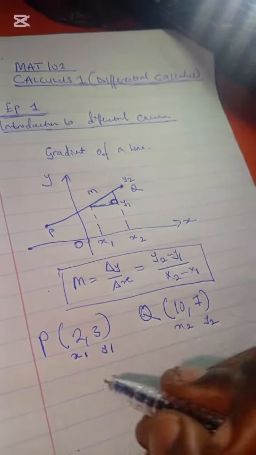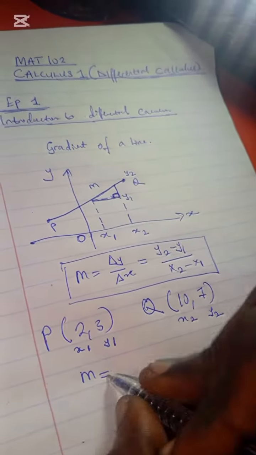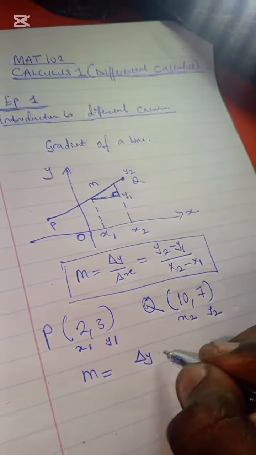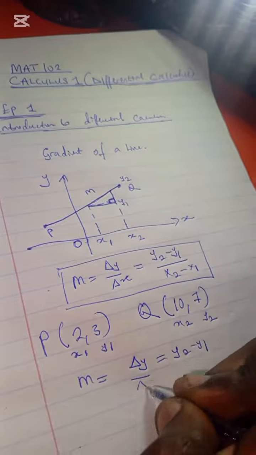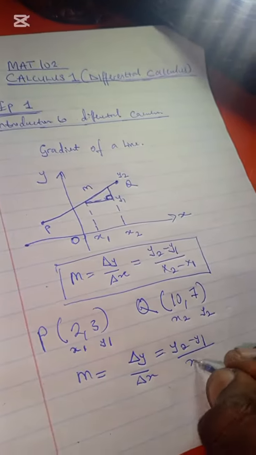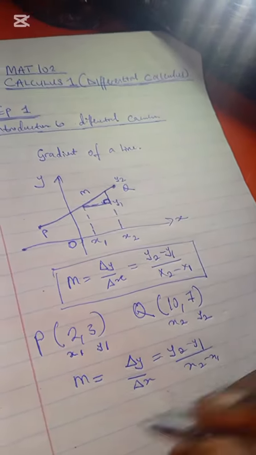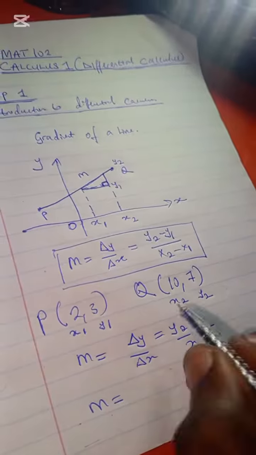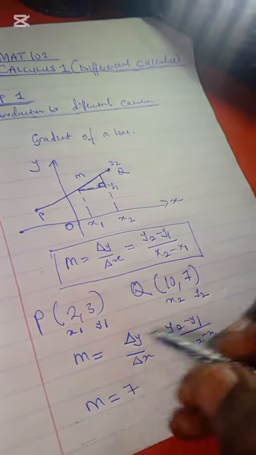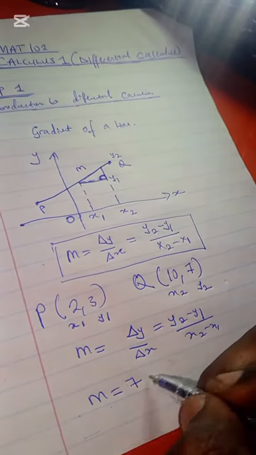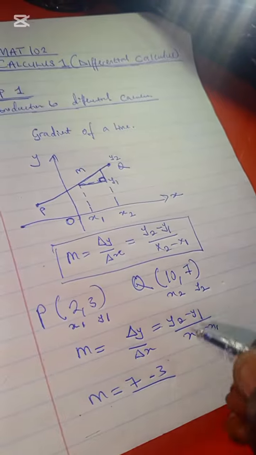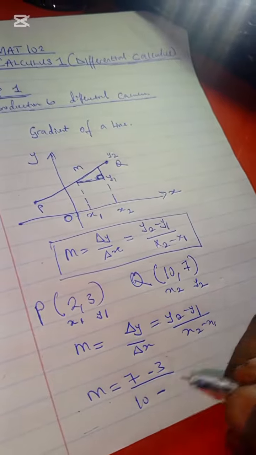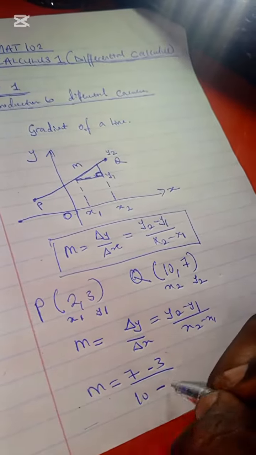Don't forget that our gradient m equals change in y, that's y2 minus y1, over change in x, that's x2 minus x1. So our gradient will be: what's our y2? y2 is 7 minus y1 which is 3, divided by x2 which is 10 minus x1 which is 2.